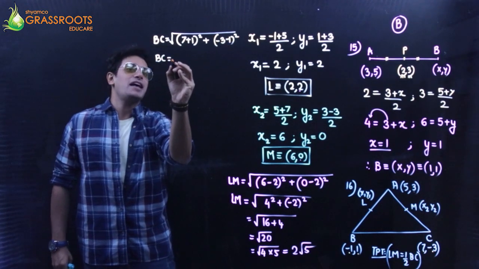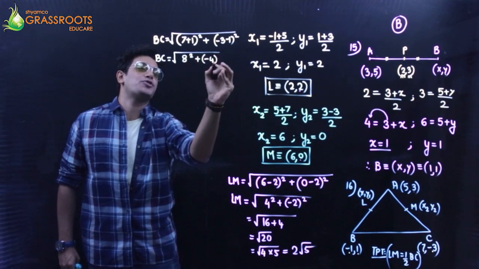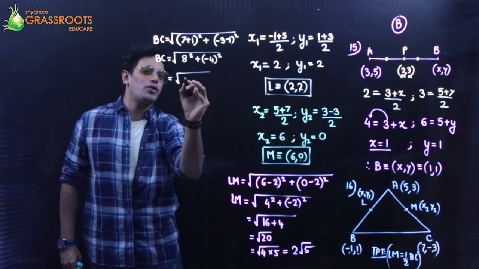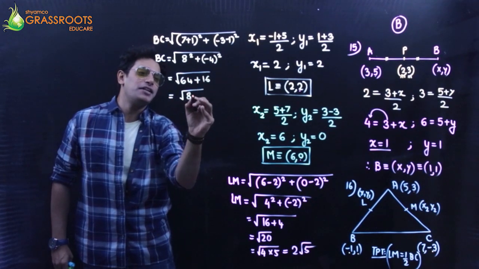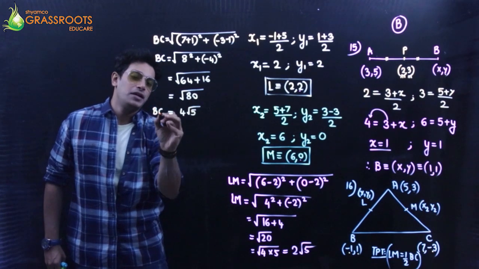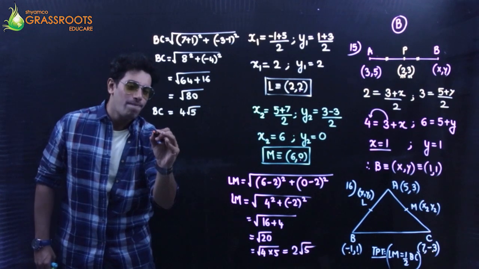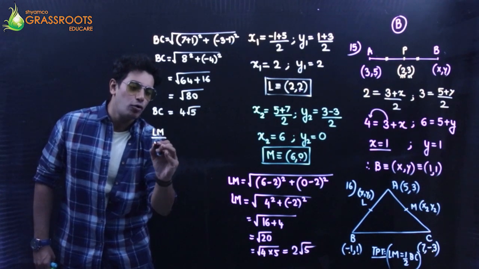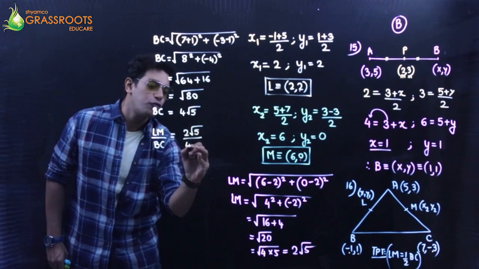So you get BC as root of 8 square plus (minus 4) square. 64 plus 16, 80. 80 can be written as 16 into 5, which is 4 root 5. Divide both of them. That's it. LM upon BC, 2 root 5 upon 4 root 5.